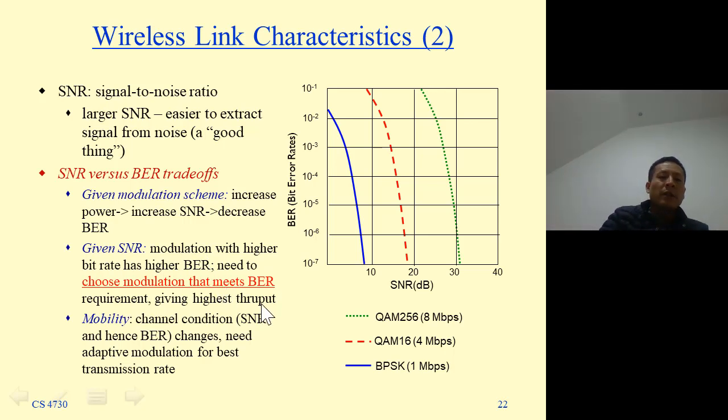So usually, if you're sending some signal out, it depends on the signal noise ratio you have. You should choose your modulation scheme carefully to control the bit error rate, to meet the requirement of the bit error rate. Okay, you have to make a wise decision.